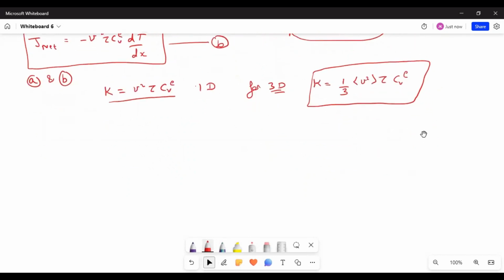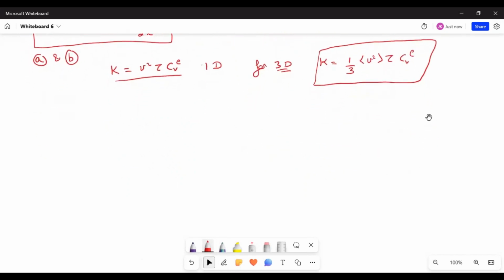Now let's summarize the result from this expression and the previous that we actually estimated. The electronic conductivity, which was sigma, was n e square tau upon m, and thermal conductivity that we just estimated is 1 by 3 V square tau C_V.